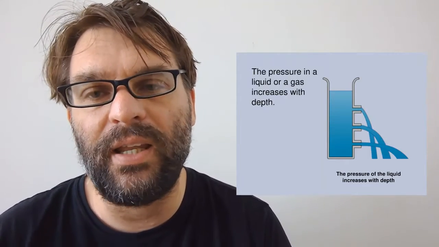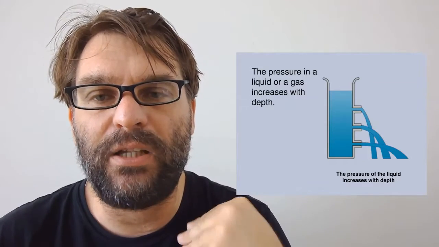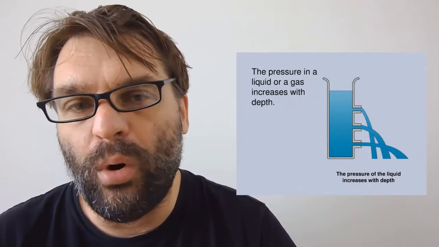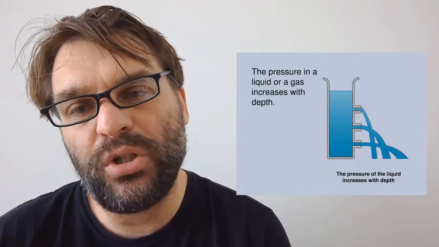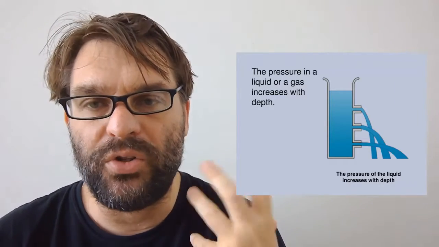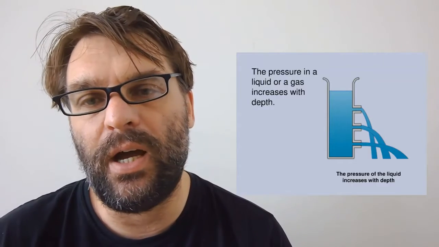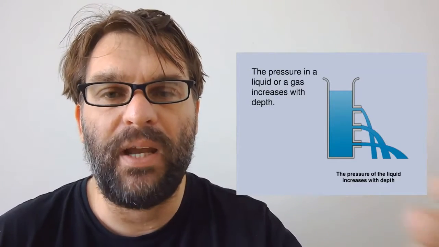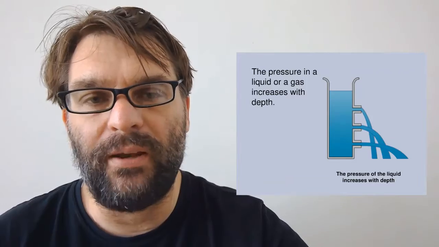This illustrates that the particles at that particular depth are experiencing more and more pressure. So at the bottom, pressure is the most, and at the top, pressure is the least, because the mass is less at the top compared to the mass being forced down at the bottom.